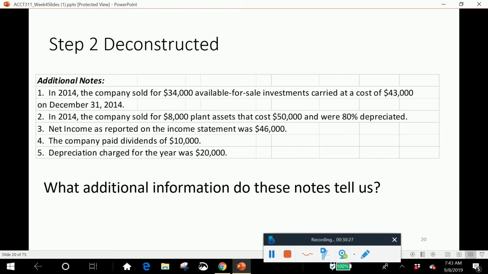If a plant asset that cost $50,000 was 80% depreciated, that would indicate that depreciation expense that had been taken was $40,000. And that would mean that the basis in the asset was $10,000.